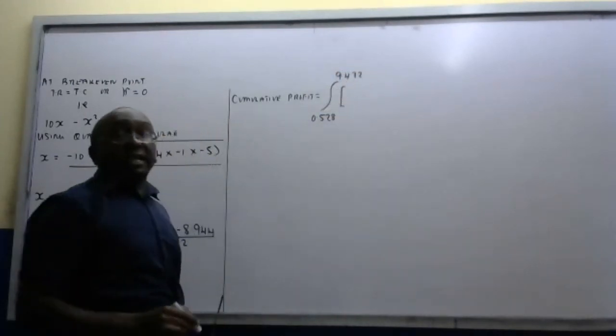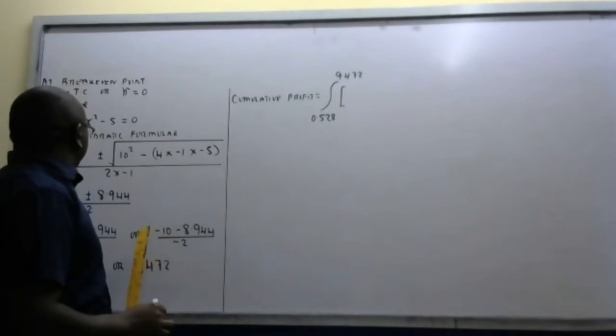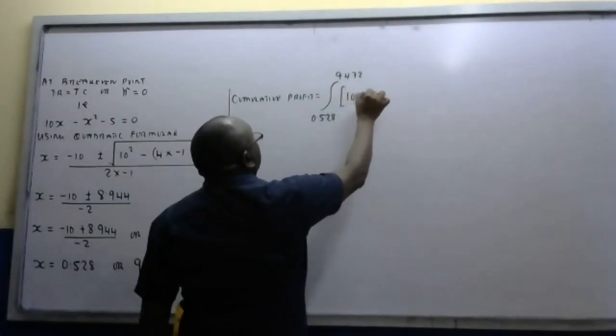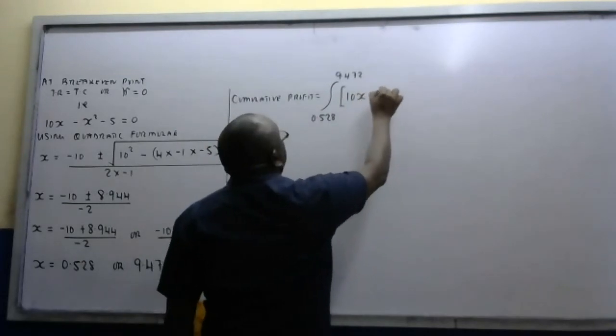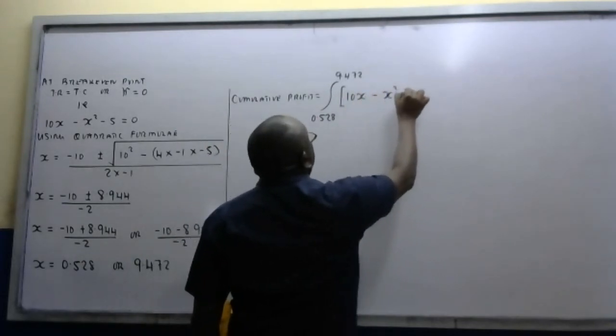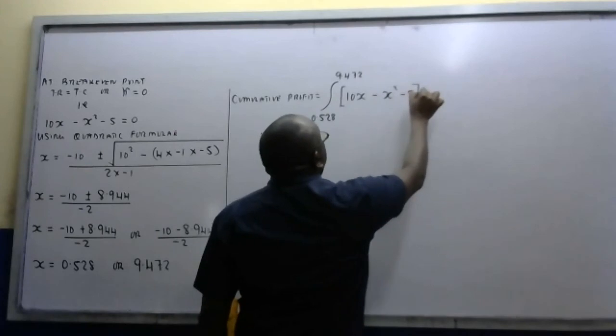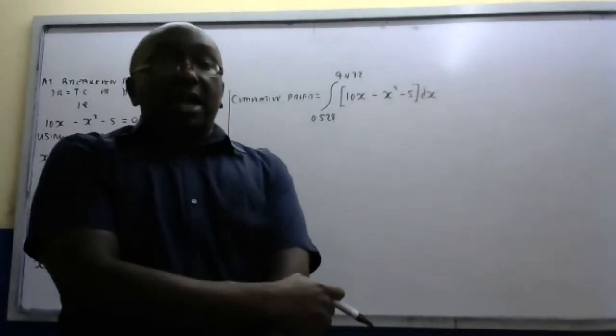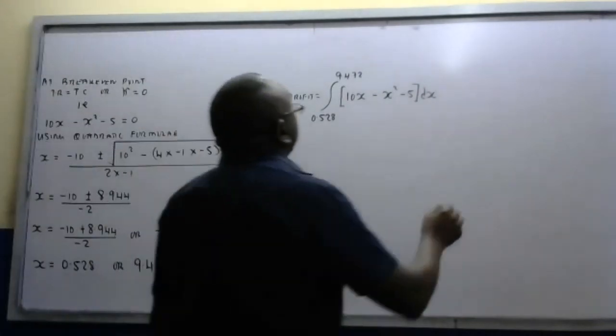And what we are integrating is this function 10x minus x squared minus 5 with respect to x. This one is called definite integration.